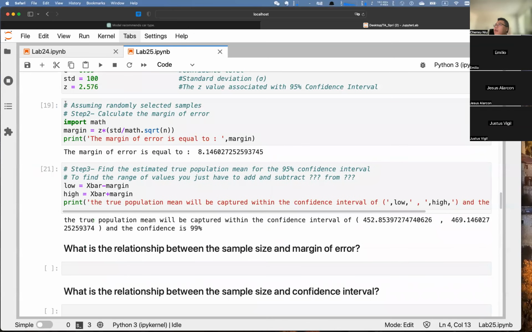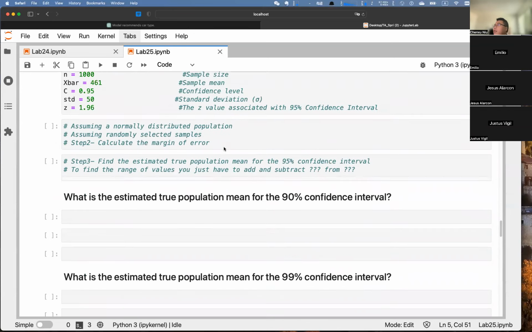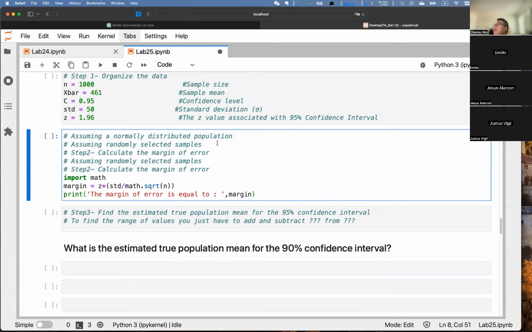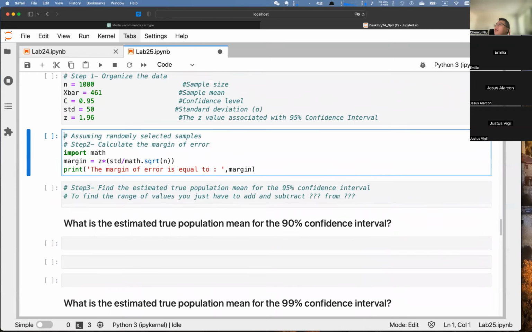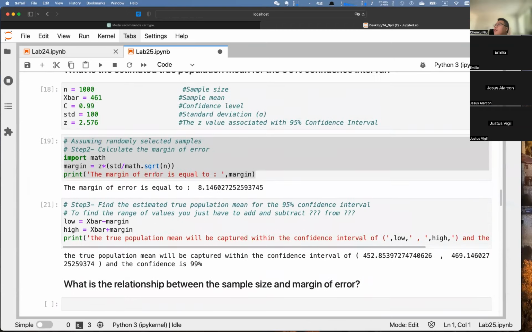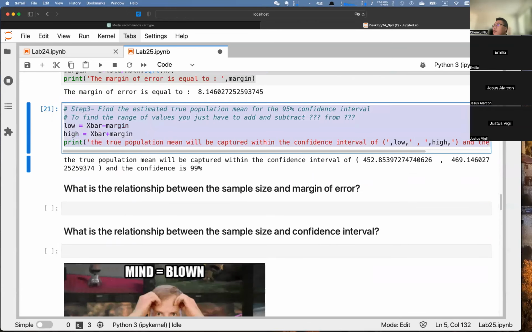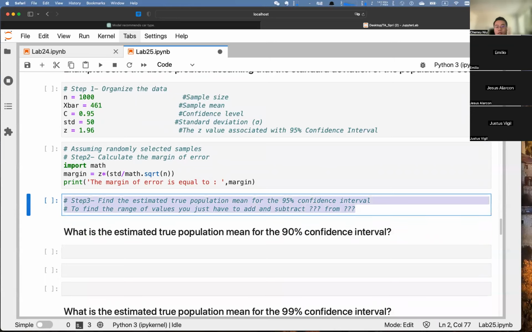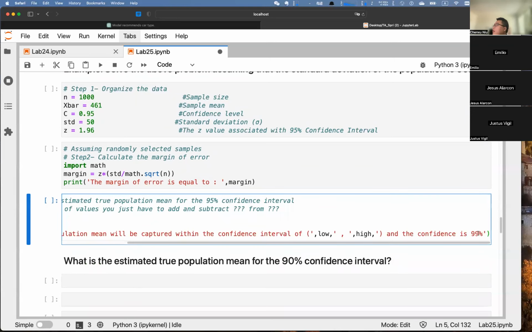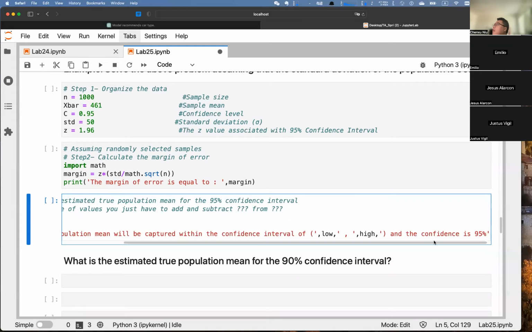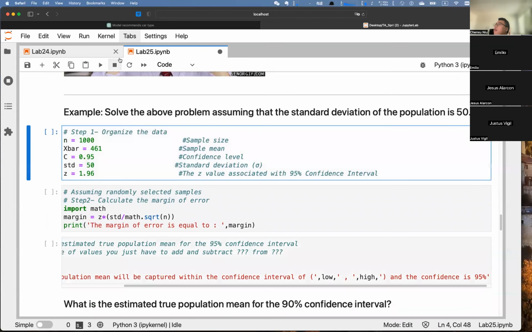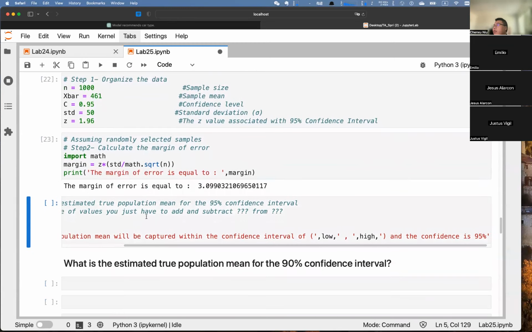You can copy the second step and the third step. And the last one here, the mean value is the same, but change the confidence level and standard deviation here, and calculate the margin of error.